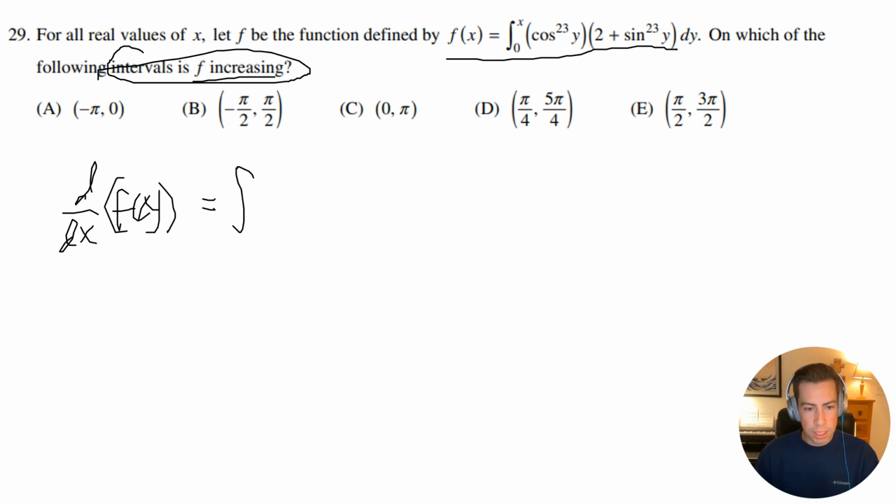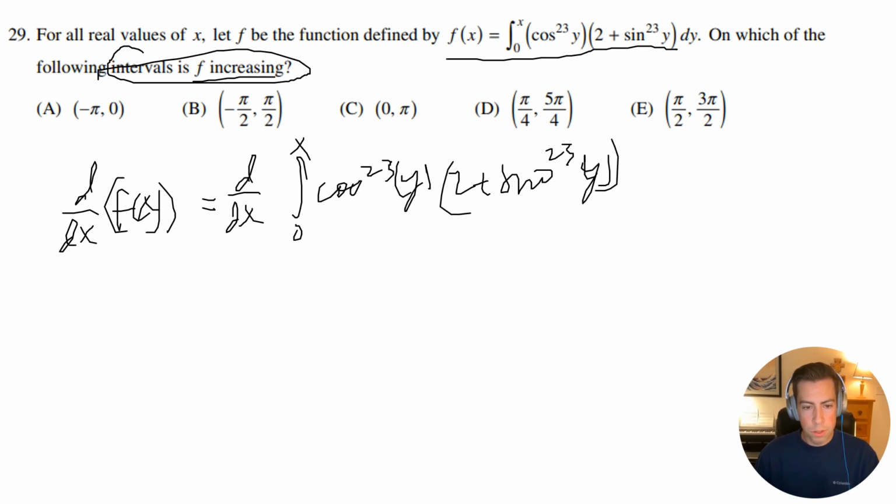Now, thankfully, they give us kind of a nice integral in the sense that once we take the derivative, we just have to substitute in x. So let me go ahead and do that really quickly here. 0 to x, cosine 2 plus sine.